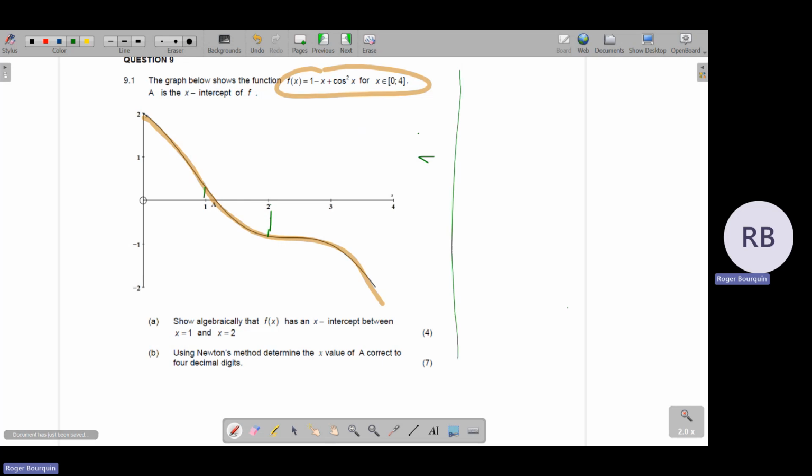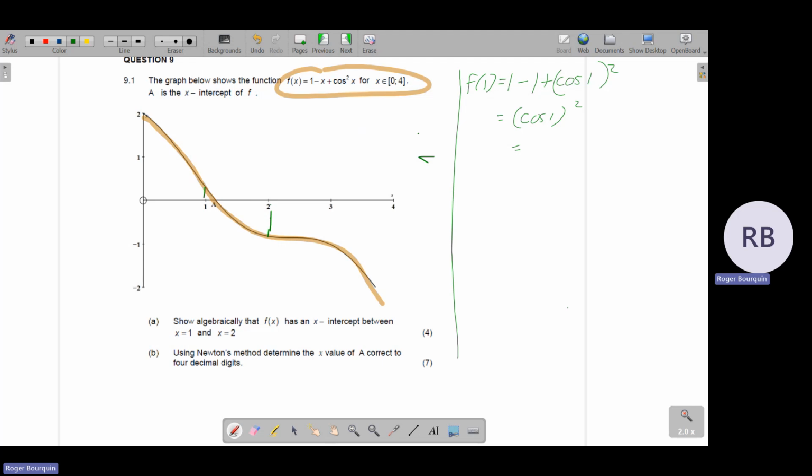So you're going to work out f of 1, and you'll say f of 1 is equal to 1 minus 1 plus cos of 1 all squared, which is cos of 1 squared.